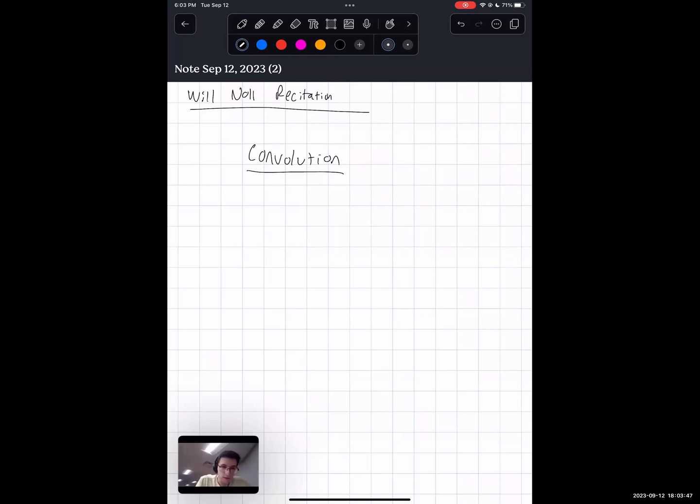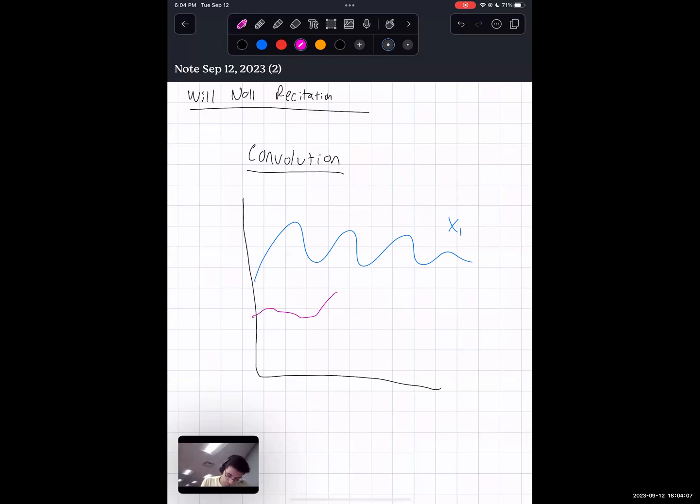Basically, what convolution is in very broad, big picture terms is you're just trying to find the similarity between two different signals. What that looks like graphically is if you have signal x1 and signal x2, the process for this is you can first label one as the actual signal, and then you can call this one the kernel.